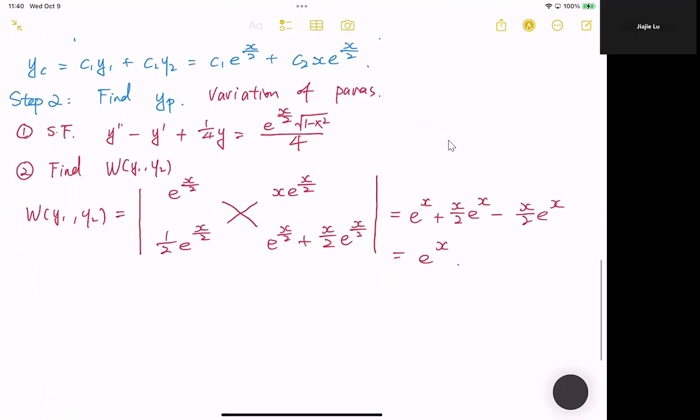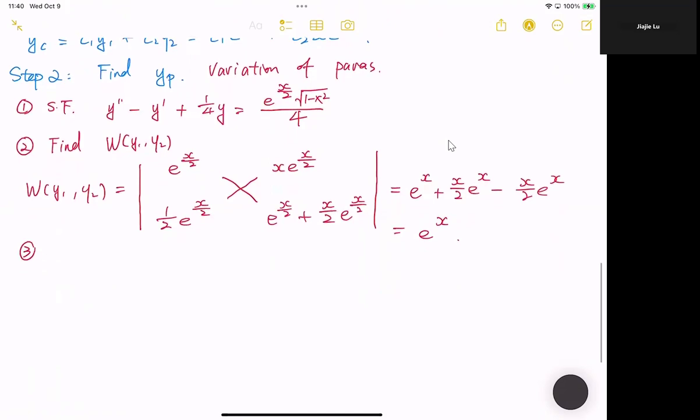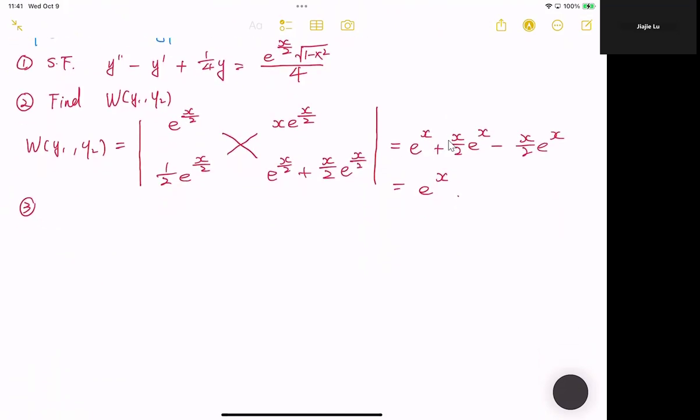Then, after finding the Wronskian, we use the formula to find u1 prime and u2 prime. We know u1 prime equals negative y2 f(x) divided by the Wronskian. Our y2 here is actually x times e to the x over 2.